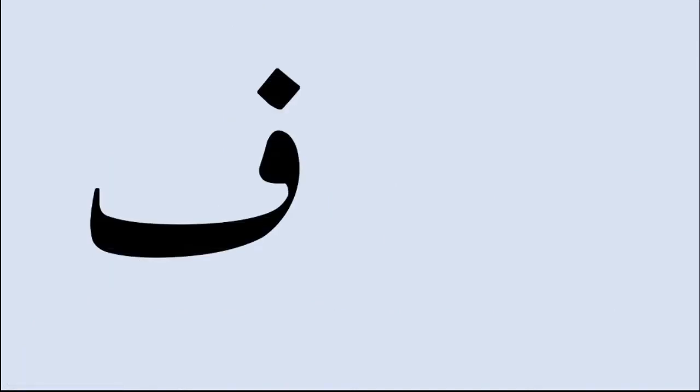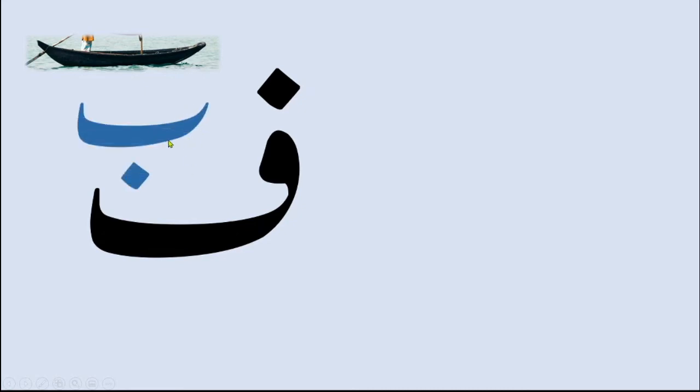Look at this letter now. Looks a bit familiar. Why? Remember that boat shape we talked about in the previous video? This boat? Yeah, this letter has the boat shape as well. In fact, it is pretty similar. So what are the differences?